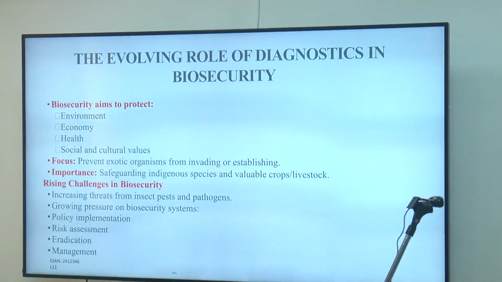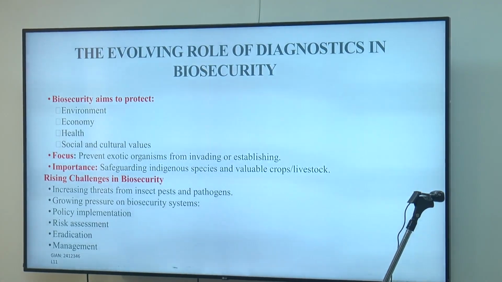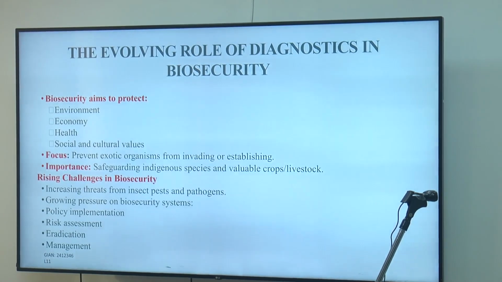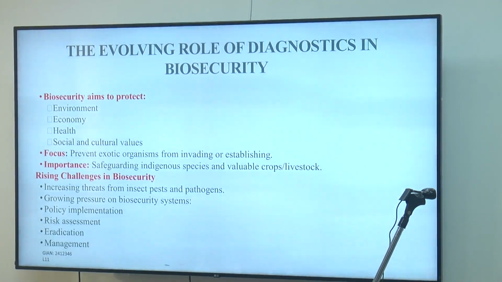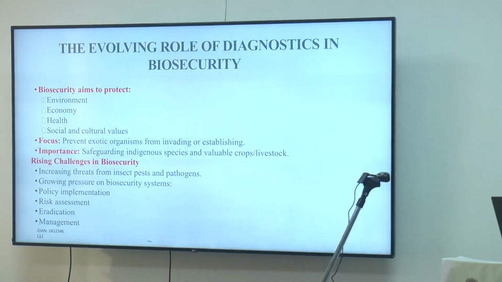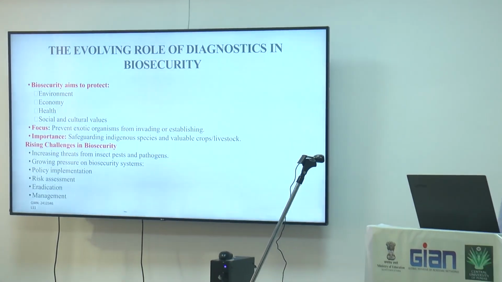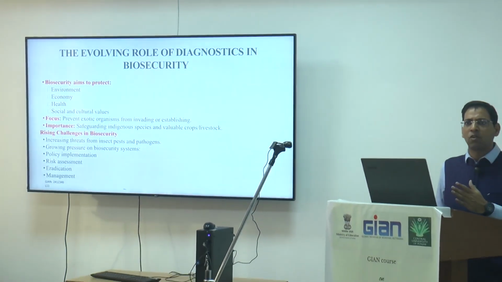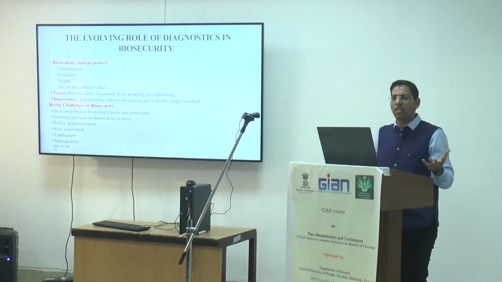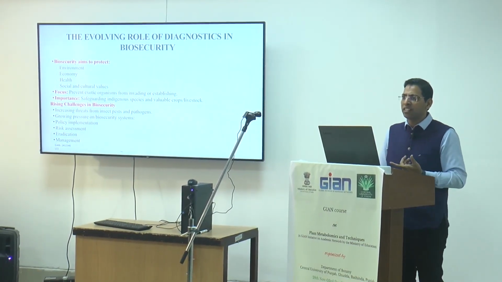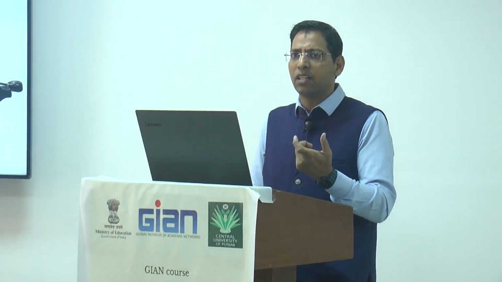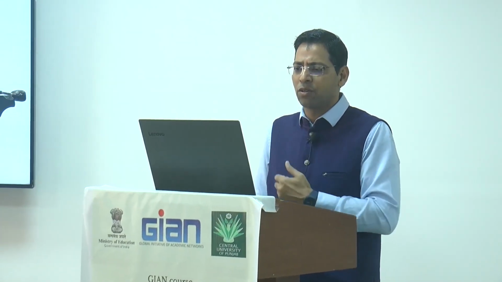GM crops are here, but somehow we try to create awareness among the population of our country, so that without interfering with the social and cultural values, we would like to incorporate a few GM crops in our country. In the last few years, you saw the government of India also release the guidelines. So GM crops is also a concept that is associated with biosecurity.